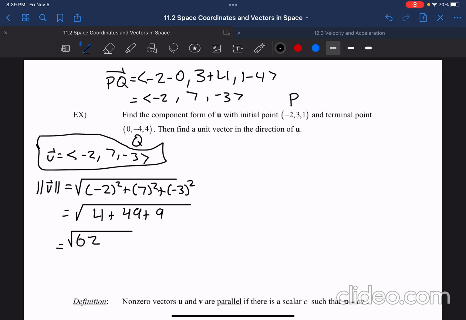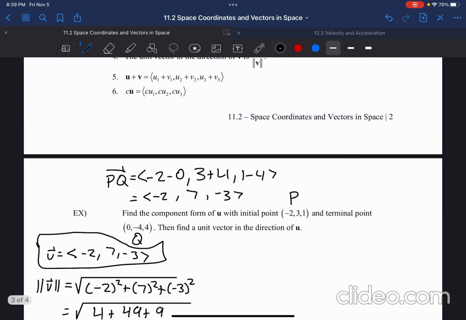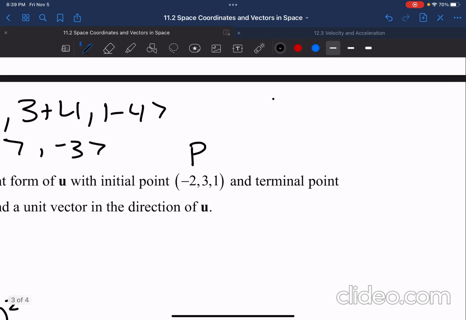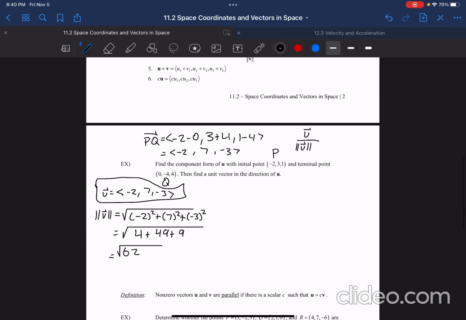62. So then to find the unit vector, the equation for a unit vector, which I don't think was mentioned in this video, is u over the magnitude of vector u. So we have u over here, which was our first answer, and then here we have the magnitude of u.